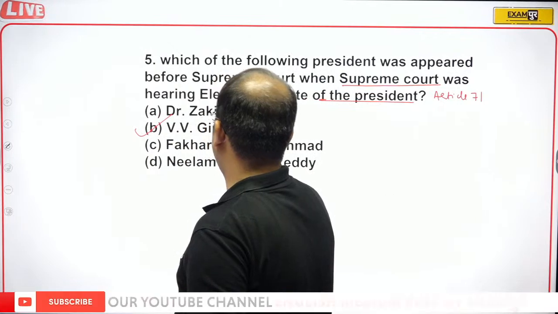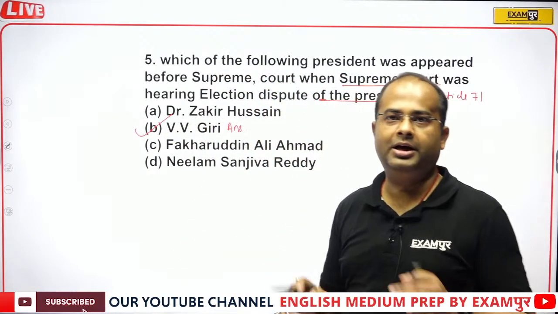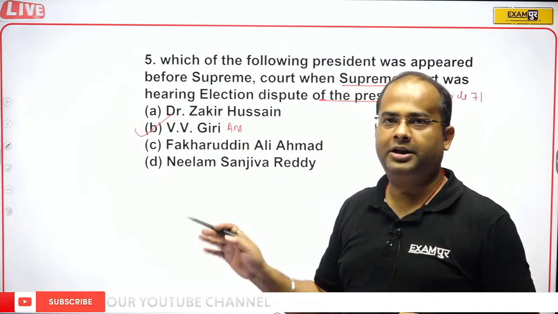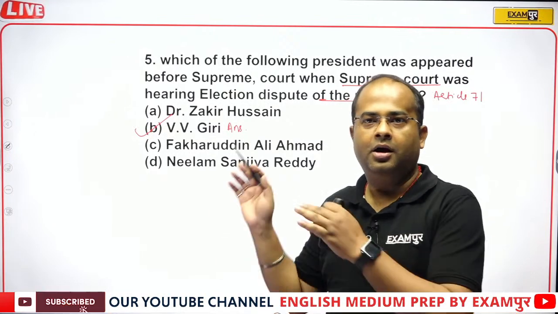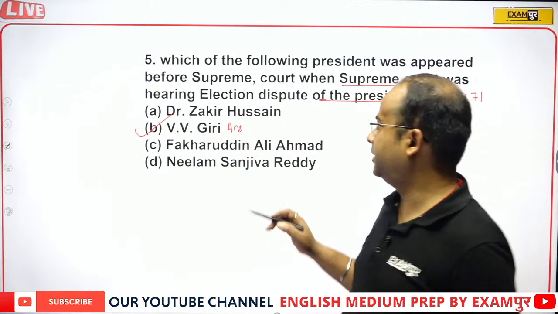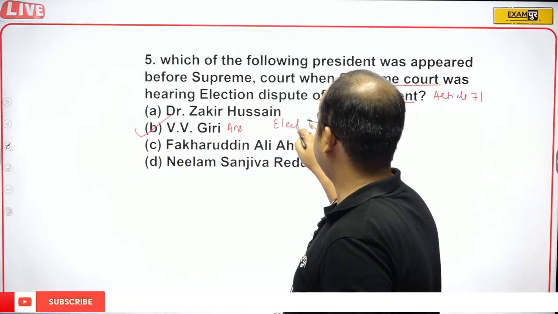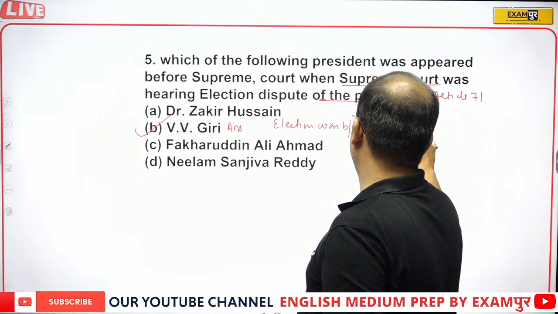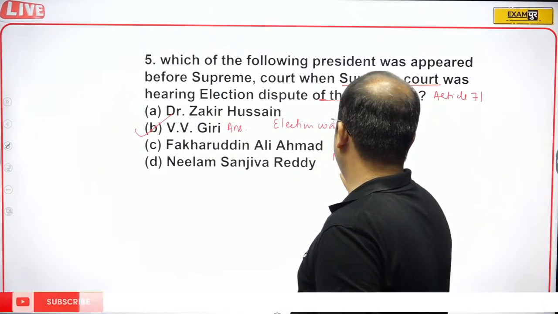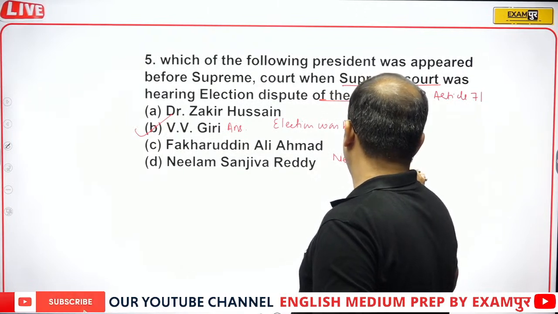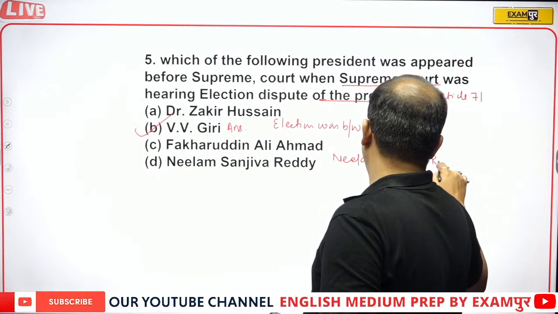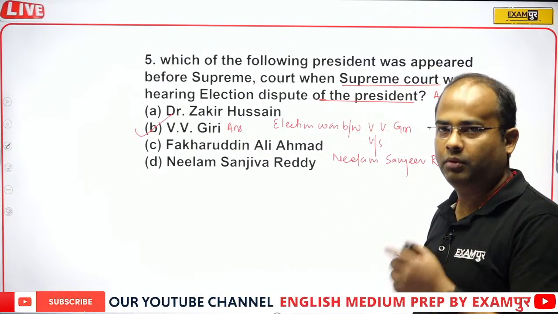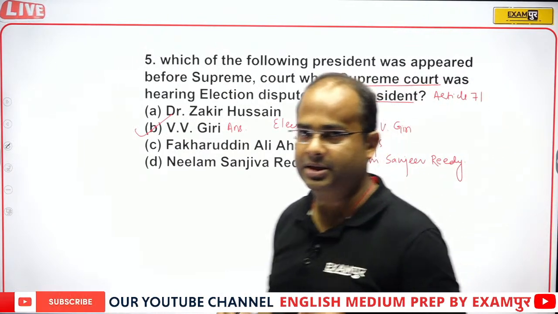V.V. Giri was the candidate of Mrs. Indira Gandhi in the presidential election after the untimely death of Dr. Zakir Hussain Sahab. The election was between V.V. Giri and Neelam Sanjeeva Reddy, who was the candidate of the Congress, while V.V. Giri was being proposed by Mrs. Indira Gandhi.